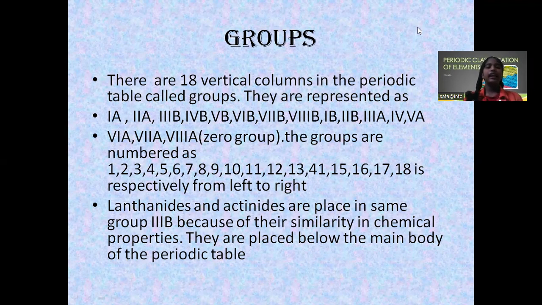So there are 18 vertical columns in the periodic table and they are called groups. I already told you that horizontal rows are called periods and vertical columns are called groups.